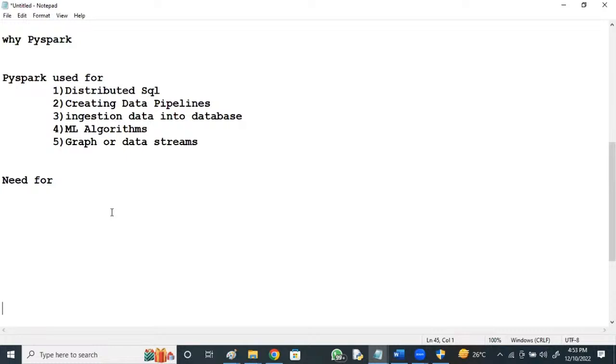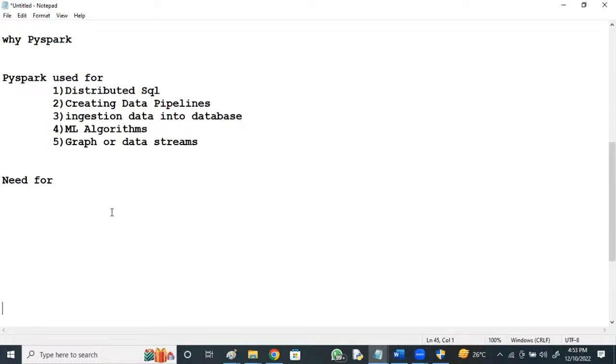Later we can register them as temp tables and perform pure SQL kind of querying. So bigger data objects distributed across multiple machines can be queried this way in PySpark.